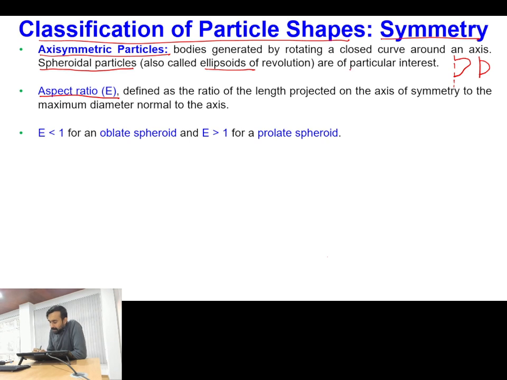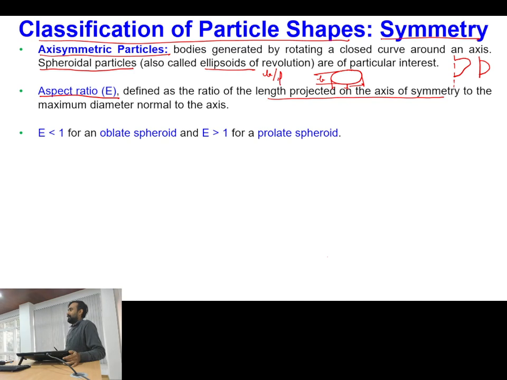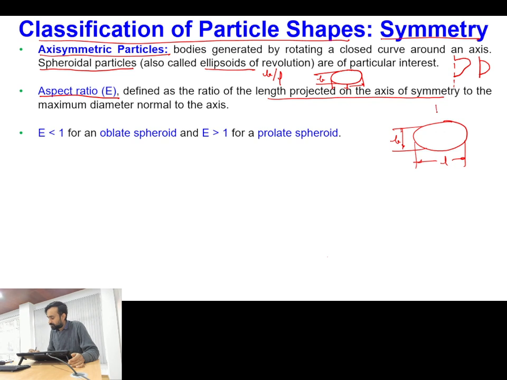Okay, a particle will have some projected length and some projected width. We consider the ratio of the length projected on the axis of symmetry to the maximum diameter normal to the axis, so the ratio of B by L. If you have this type of particle with this dimension as B and this dimension as L, the axis of symmetry is here.